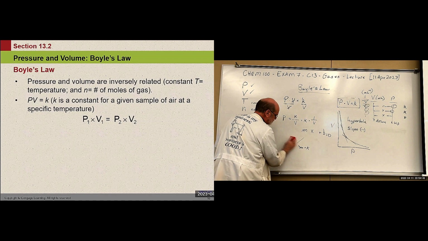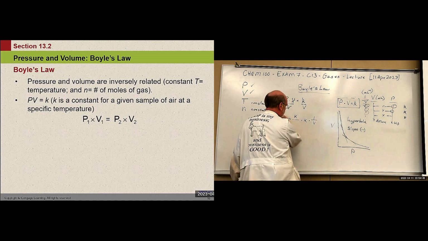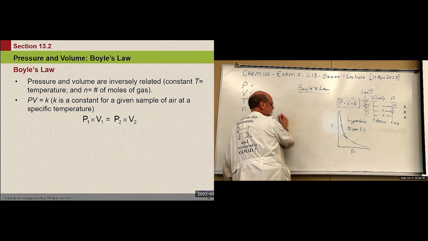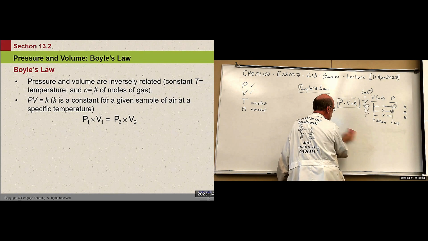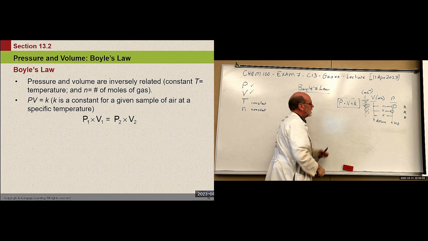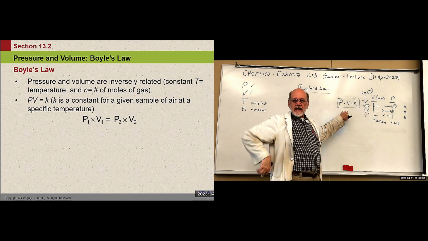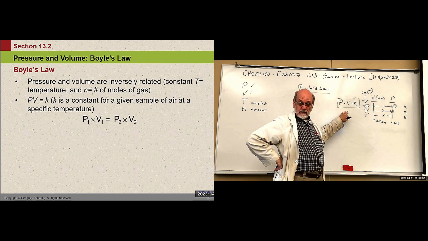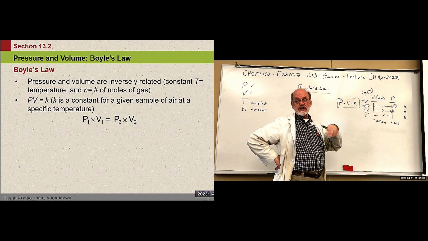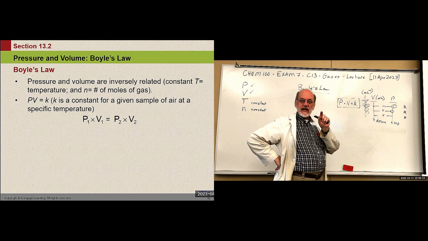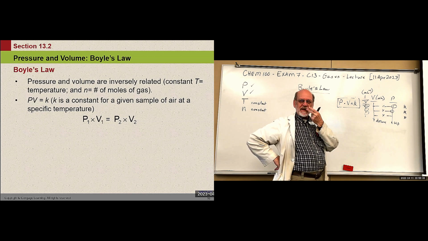Next is how do we use Boyle's law? Once the experiment's over, you can't use that K anymore because the conditions may change. You can only use the K for that experiment.